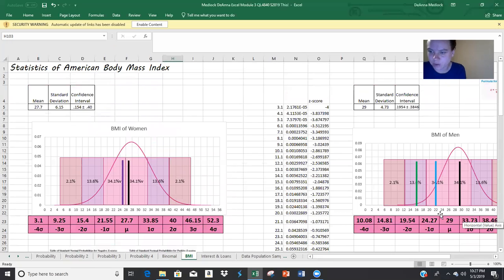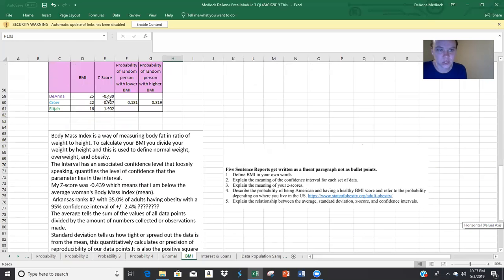And then a friend, Crow, was exactly 22, and he's blue. So my Z-score with a BMI of 25 was negative 0.439. Crow's was a BMI of 22 with negative 0.927. And Elijah at 16 was a negative 1.92.